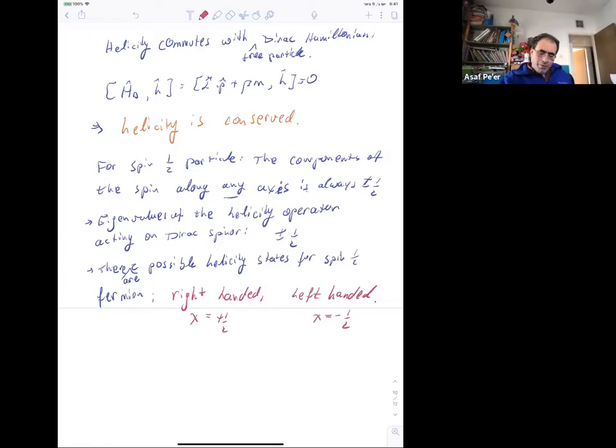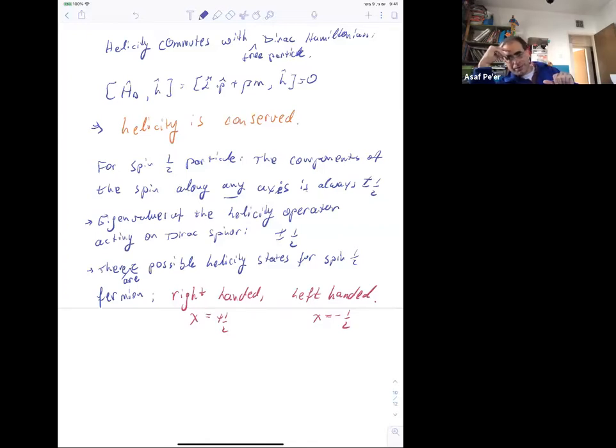Now there is one important point, and you know, helicity is conserved. Once I measure the helicity, it's going to stay there. But unless it is a massless particle, such as a photon, for a massive particle helicity is not Lorentz invariant, because I can always boost to a frame. Remember, it's the projection of the spin on the direction of motion. Now, the spin is something intrinsic to the particle.